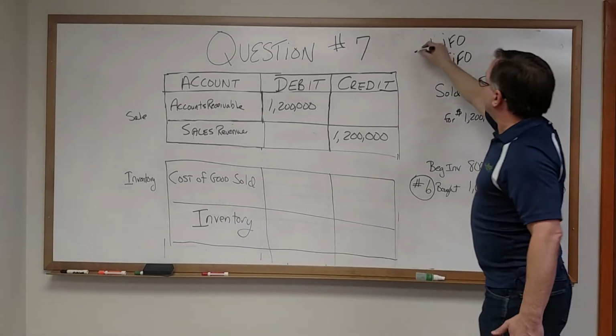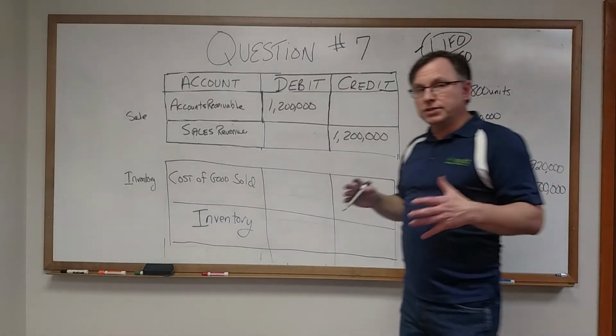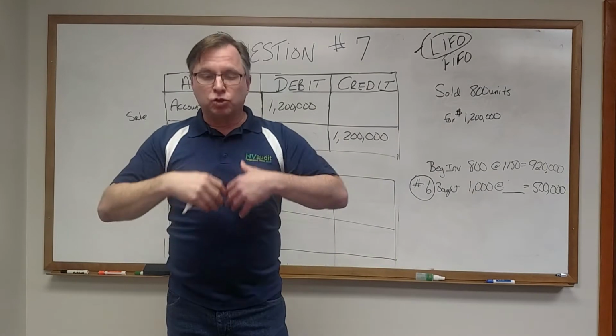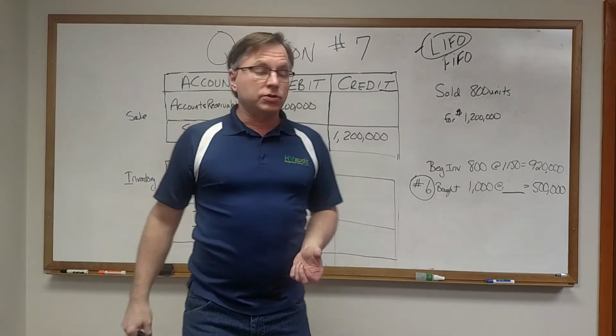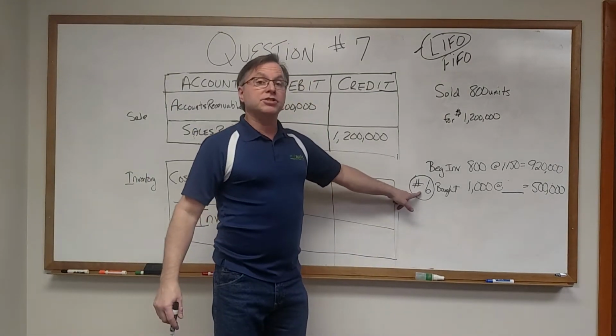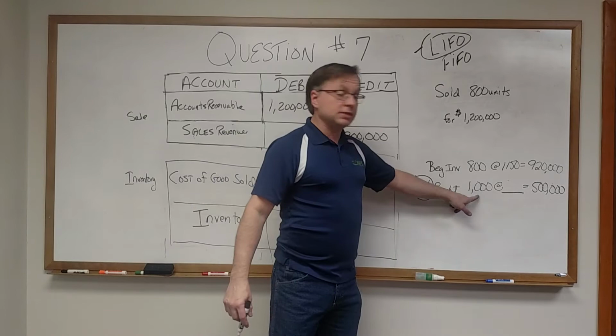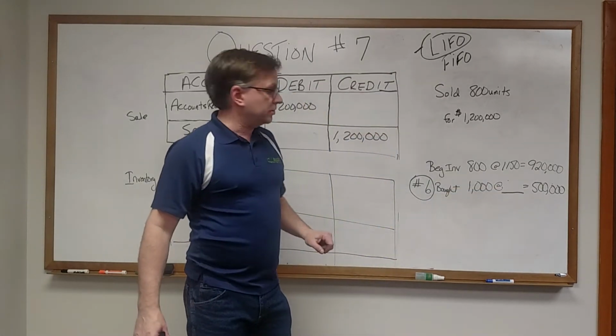If we were to start with LIFO, LIFO is last in, first out. That means the most recent stuff is the stuff that we wound up selling to those customers. Well, if you'll recall, in question number 6, we bought some stuff, didn't we? We bought 1,000 units for $500,000.